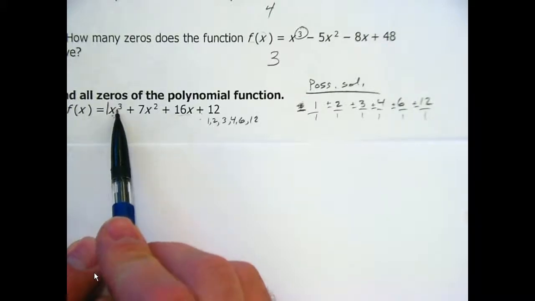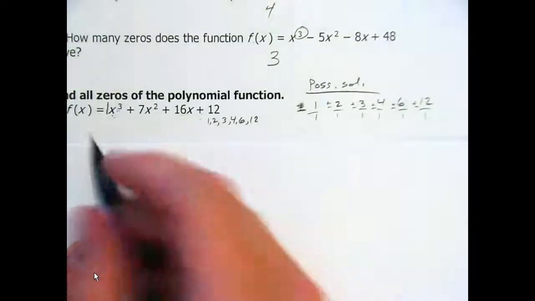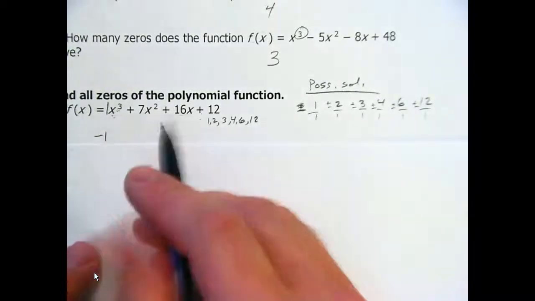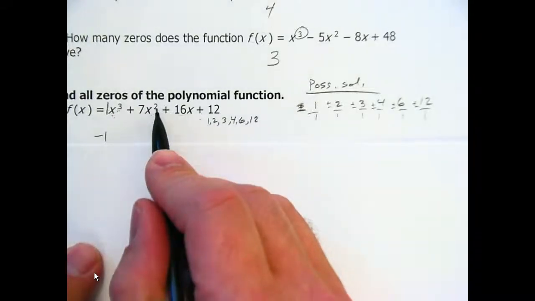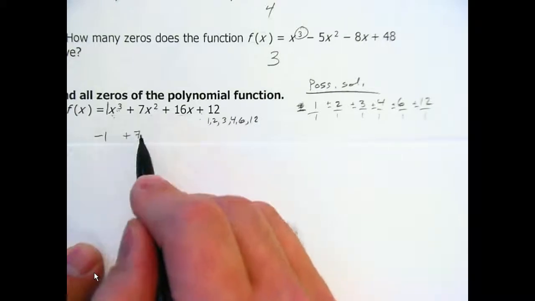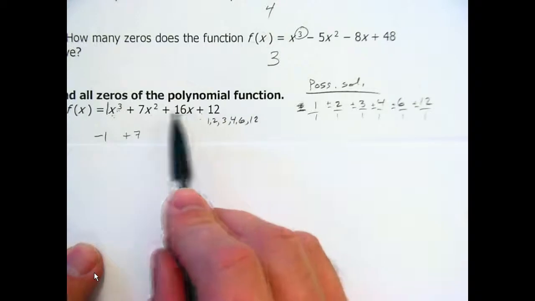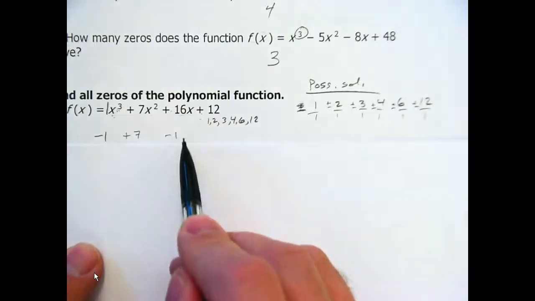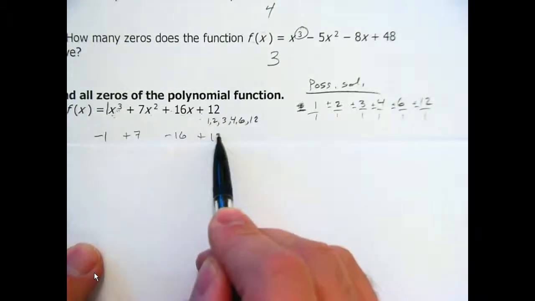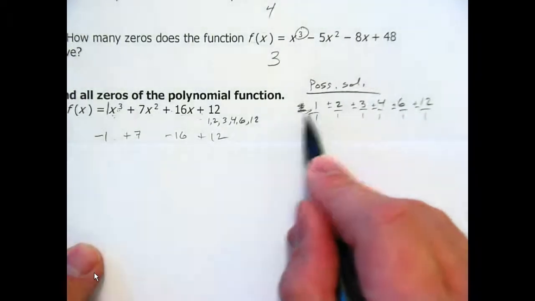What's a negative times negative times negative? Negative 1 times 1 is? Negative 1. What's a negative times negative? Positive times 7 is? 7. So did the coefficient change? No. Okay, this one, would the coefficient change? Yeah. And that's 12. But does that add up to 0? No, so this one does not work either.